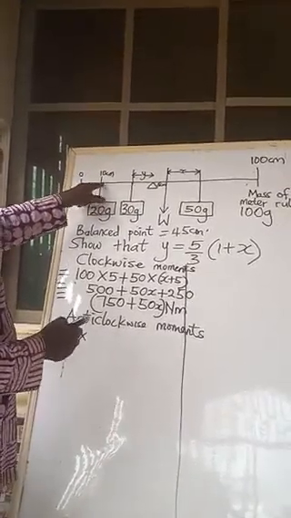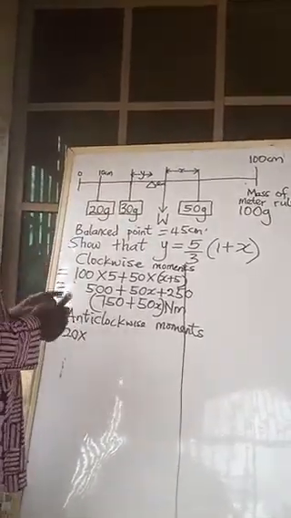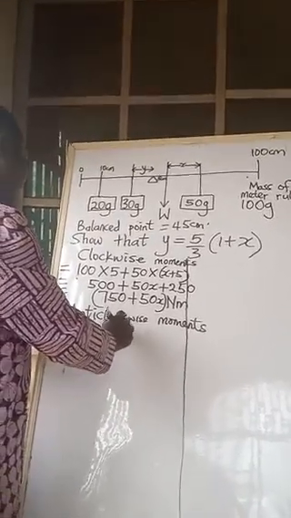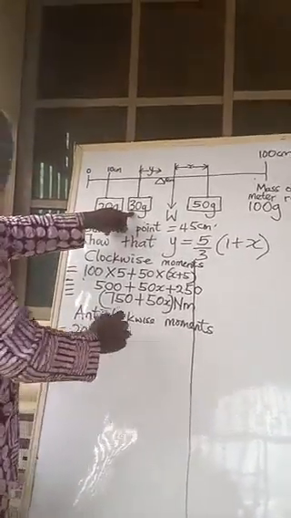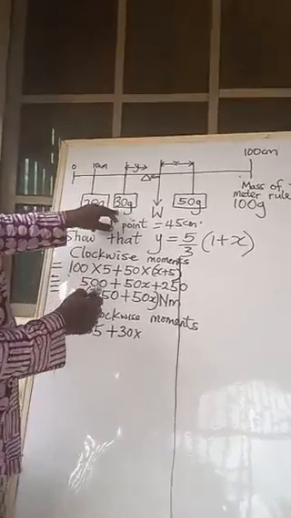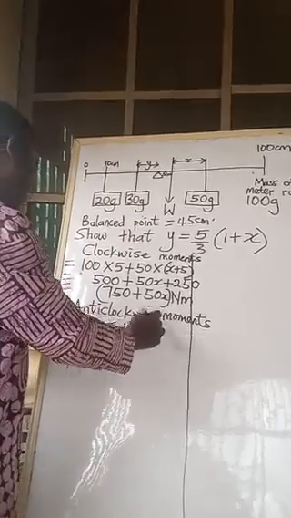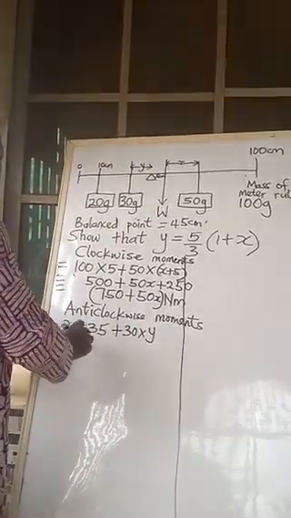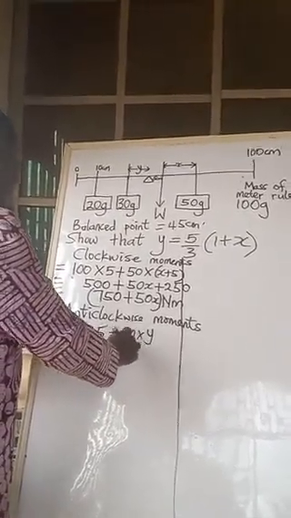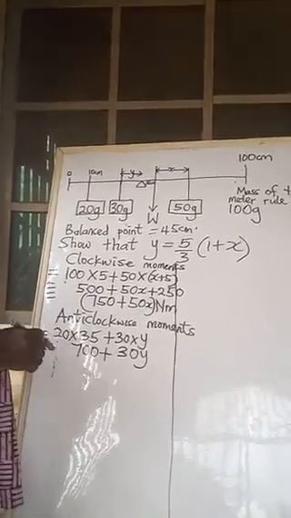So to get the distance from this 10 to the pivot, we subtract 10 from 45. So 45 minus 10, that is 35. So 20 times 35, plus, for the 30 grams, 30 times the distance to this pivot, which has been given to be y. So 30 times y. Then this is equal to 20 times 35, 700, plus 30y. This is the sum of the anticlockwise moments.